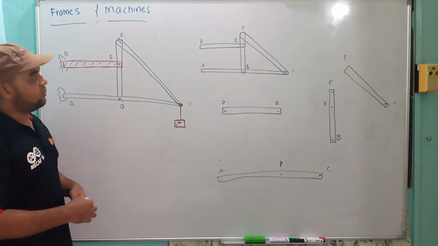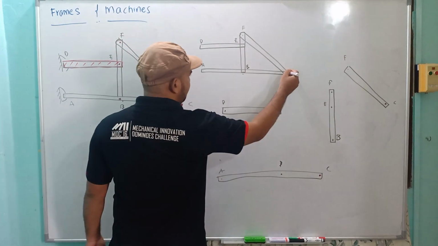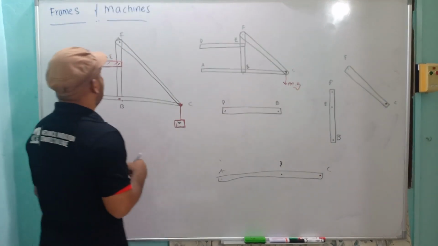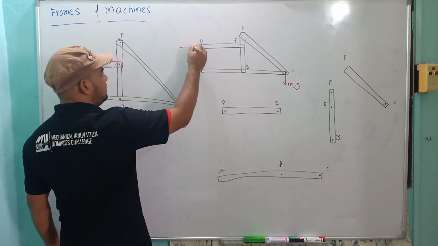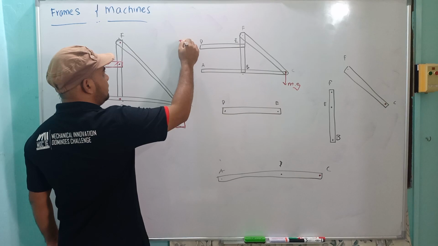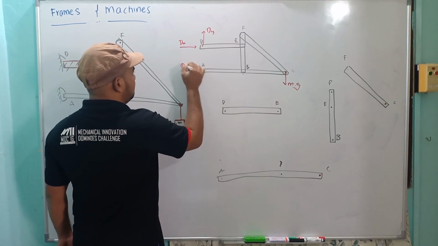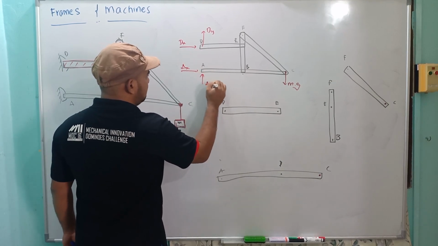Okay, let's go one by one. Here we have external forces. First we put the external force, downward mg. No other external forces, so we go to the reaction forces at D, a pin, Dx, Dy, and at A, Ax, Ay.